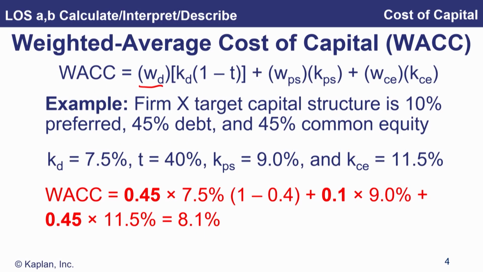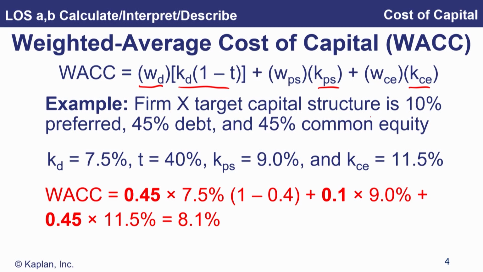Weighted average cost of capital, we've got our formula here, so we've got our after-tax costs of debt, preferred and common stock. So what are our weights? Well, our weights are the proportion of the total funding of our firm in each of these three categories. So as an example, we've got a firm.